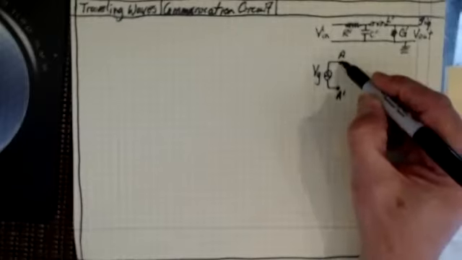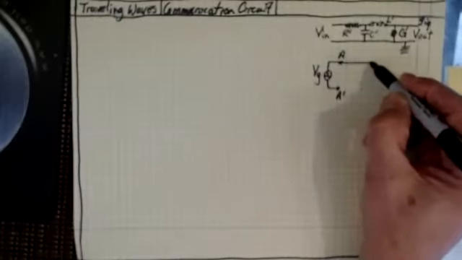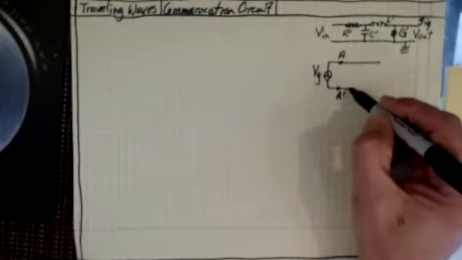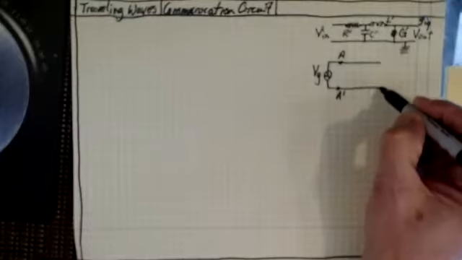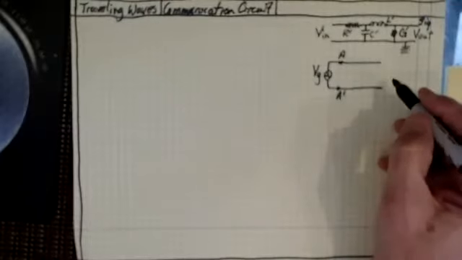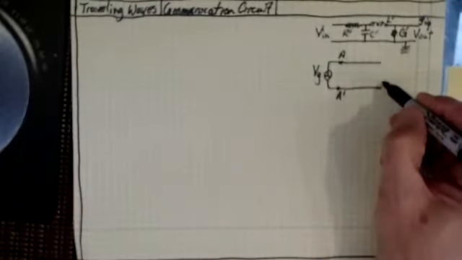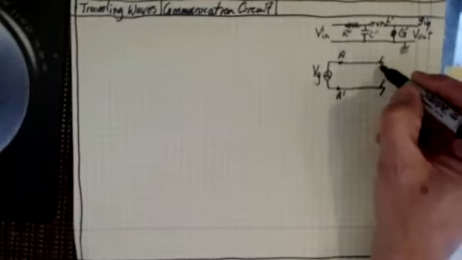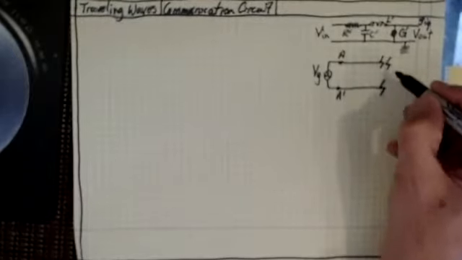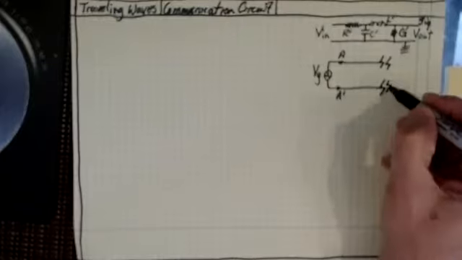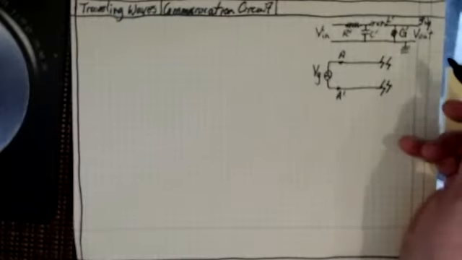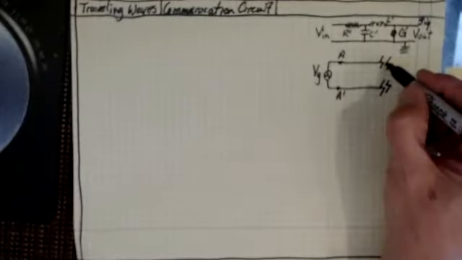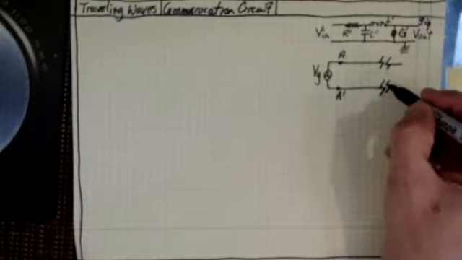So I'm at this location, and then I'm going to set up my input over this long communication wire, right? I'll just draw something like that.